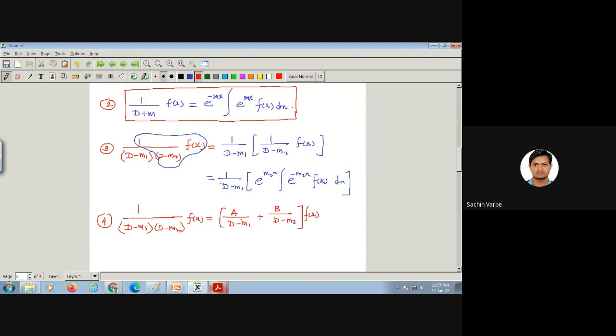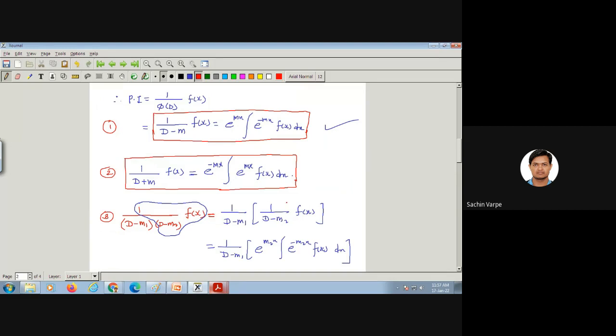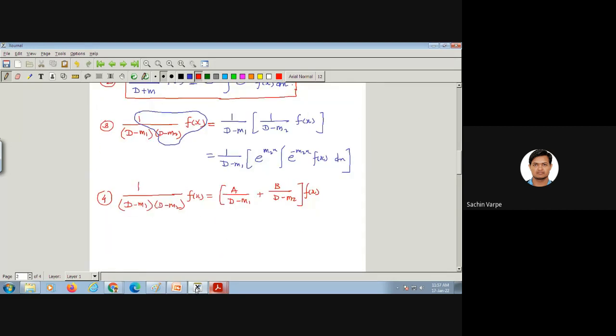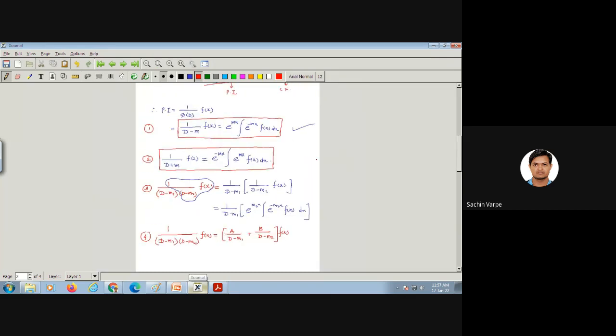And now we know how we find the values of A and B with the help of partial fraction, right? So this is how we can get the values of A and B, and then on multiplying by f of x inside, and using the same formulas above, we can proceed further to find the particular integral. Clear to everyone? These are the formulas of the general method to find the particular integral.